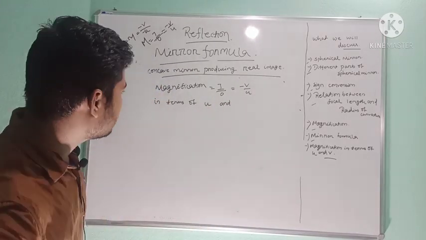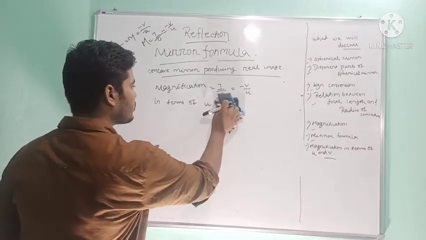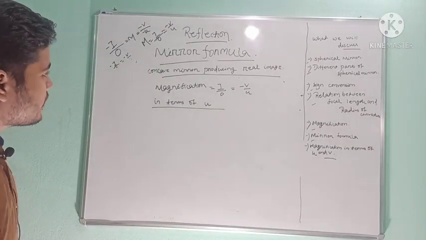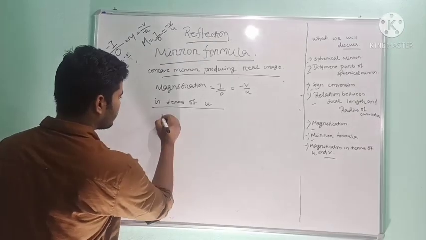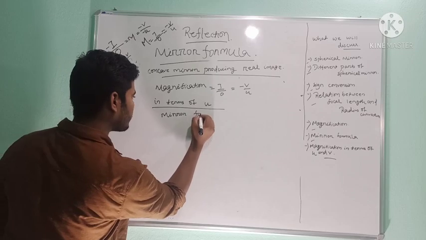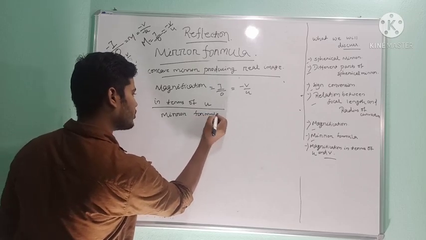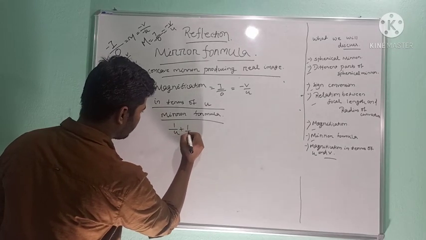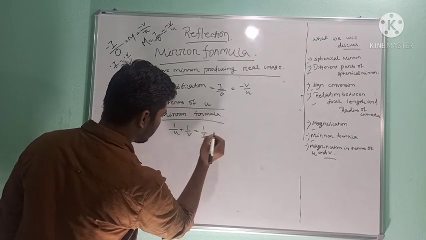First in terms of u. So what is the mirror formula? Mirror formula is 1/u + 1/v = 1/f.